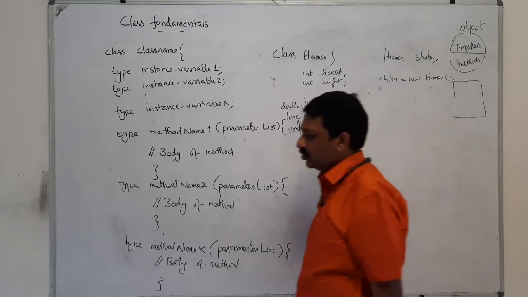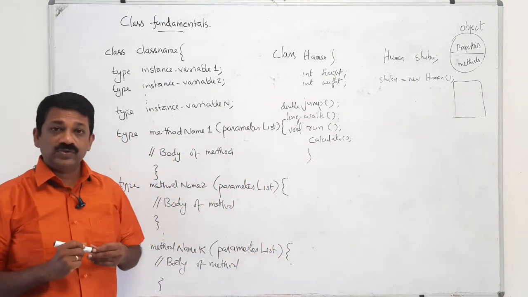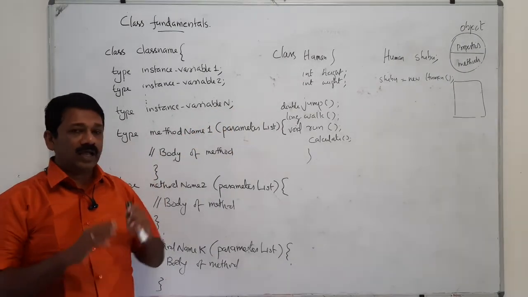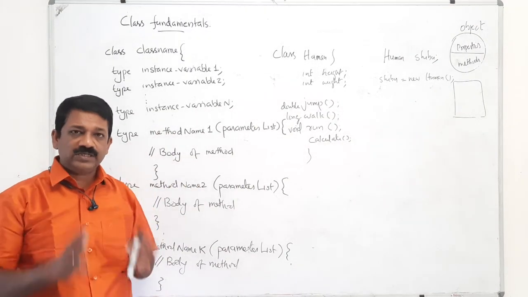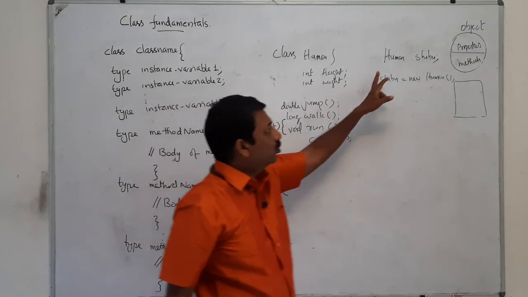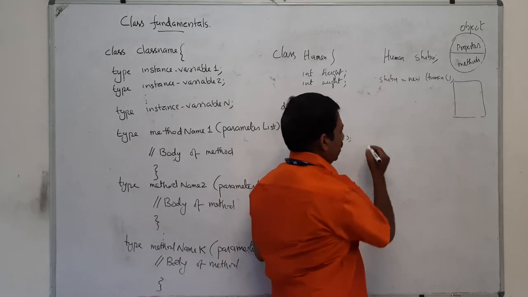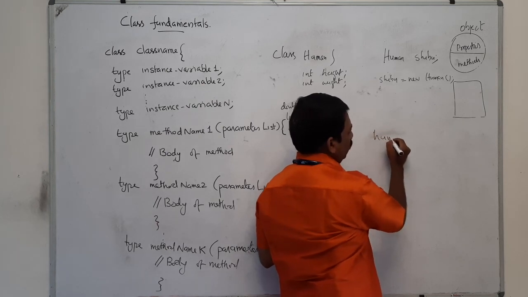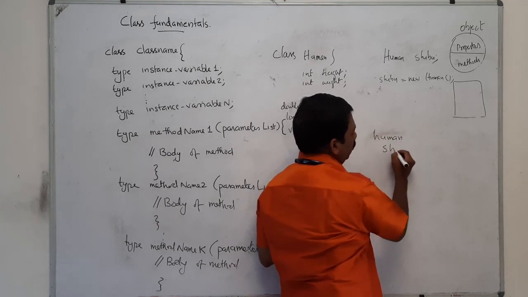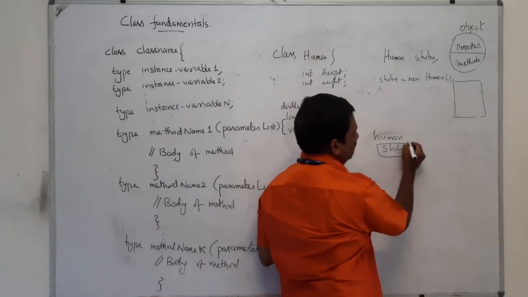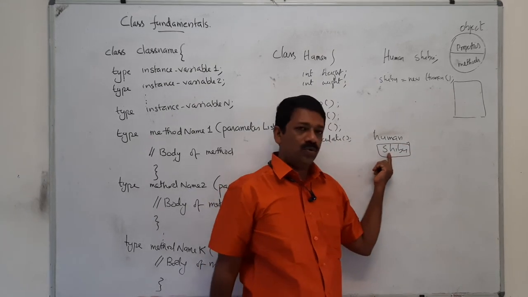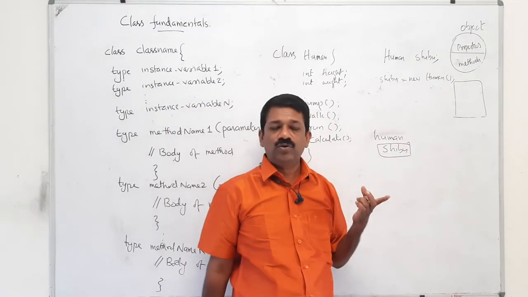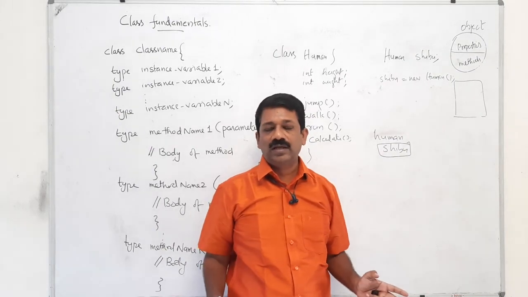Using the new keyword, it's a function, using that new only, you can allocate space for that. Once an object is created, here human Shibu means a reference of type human called Shibu is created. That means this Shibu is a pointer, pointing to an object of type human, but that object is not created yet.